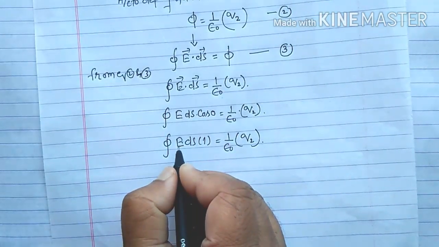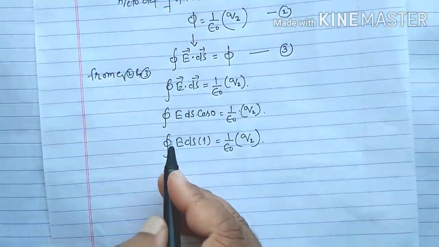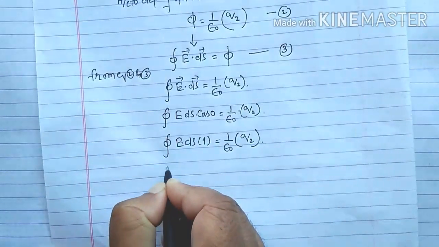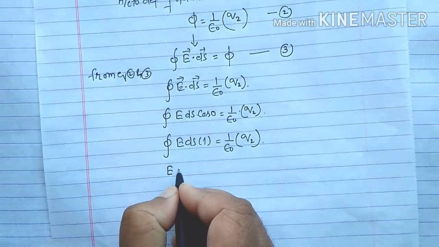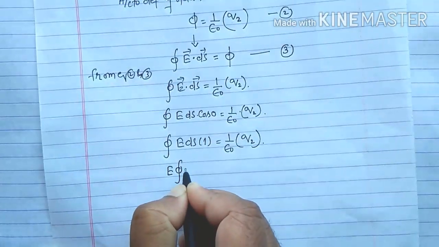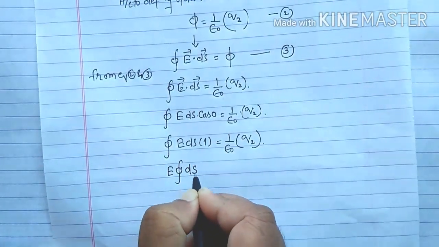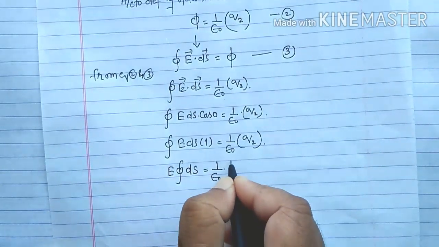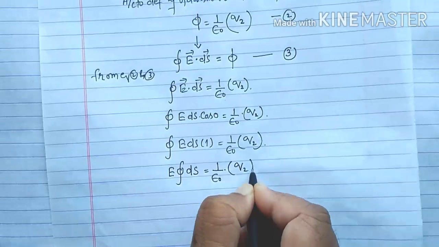Here electric field is produced by that charge q2, which is constant, so just take it outside of this integral operator. So you will get only ds, and 1 upon epsilon naught times q2.